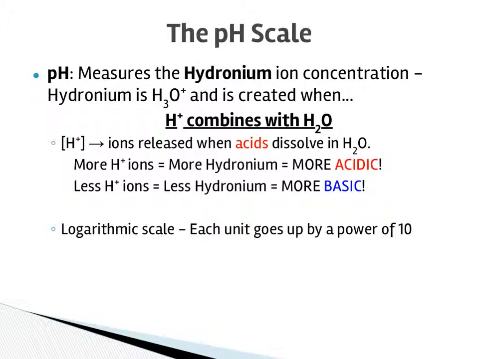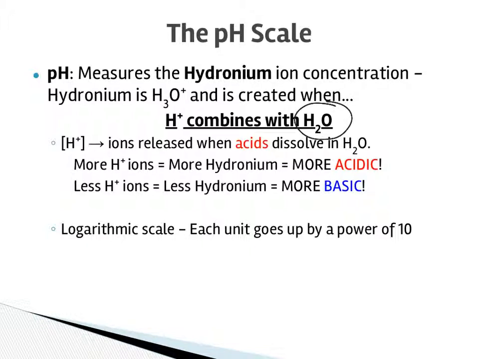So pH is measured by the hydronium ion concentration, or the H3O+ ion concentration. We know that the hydrogens come from acids because acids, by definition, release hydrogen ions, and these hydrogen ions will combine with water.